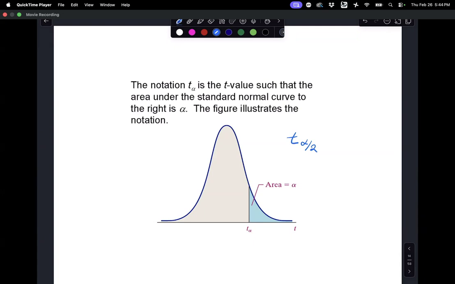I don't know why, this is just what they do. Alpha is just the difference between our confidence level and 100. So if we had a confidence level of 95%, or 0.95, then our alpha would be 0.05. I think I mentioned that on Tuesday, but if I didn't, it warrants saying again.